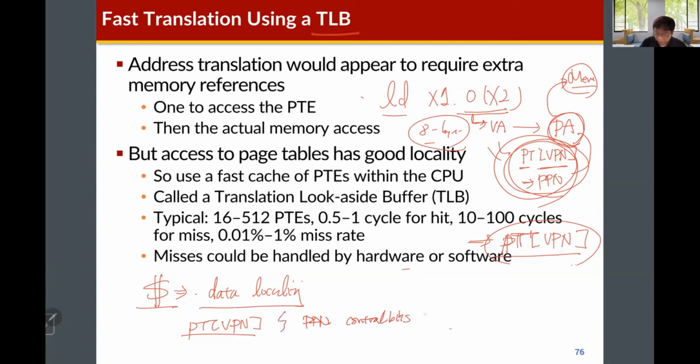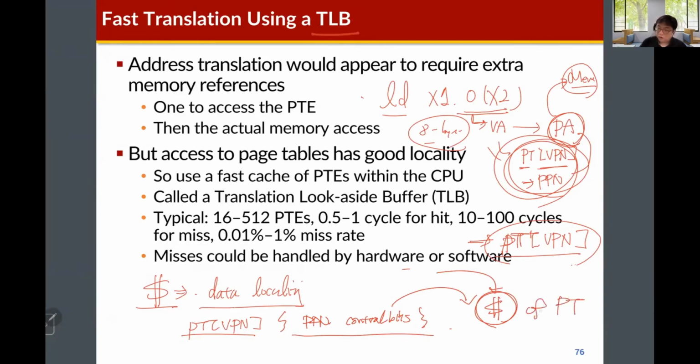So we can get the PPN and control bits. If this data is stored in a cache located near the processor core, then we can access this data very quickly again and again. Do you understand? The processor supports a cache of the page table.